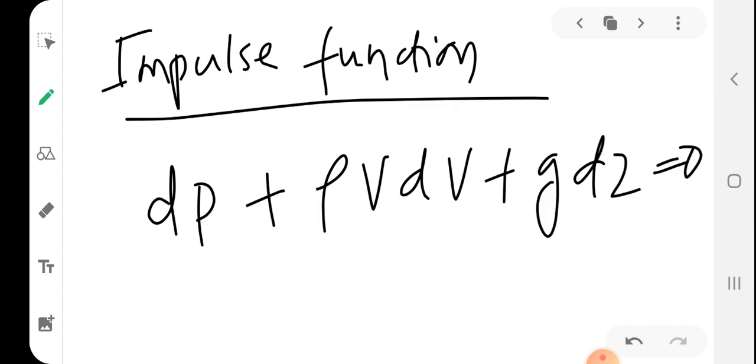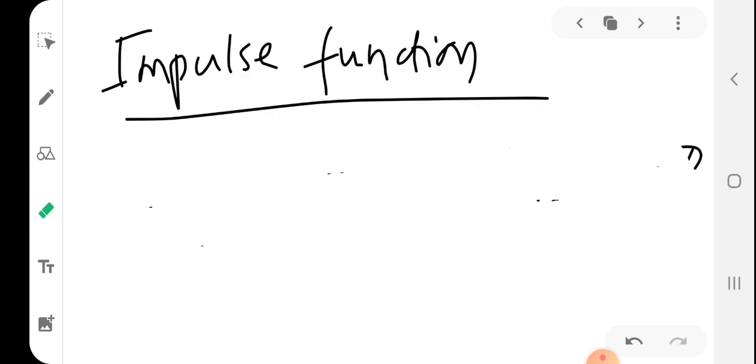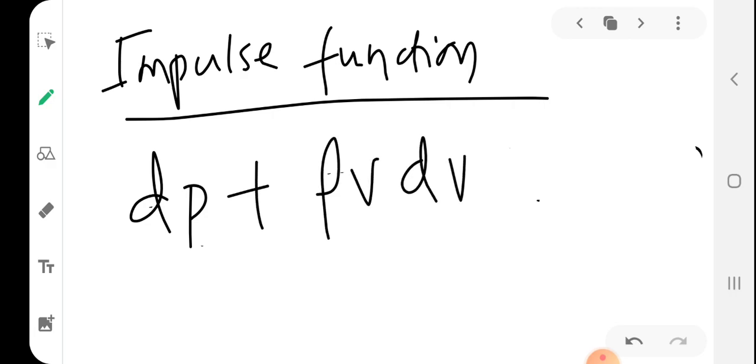If dz equals 0, you can write it as dp plus rho v dv equal to 0. So this is a differential form.